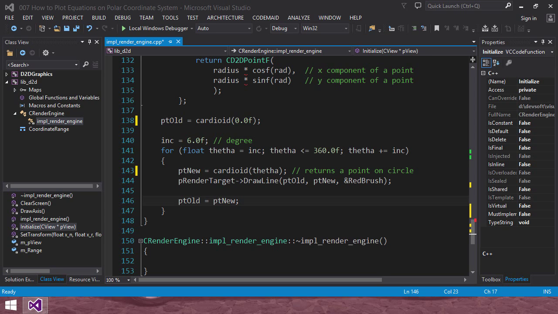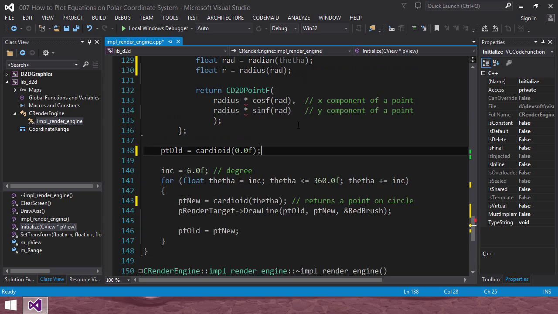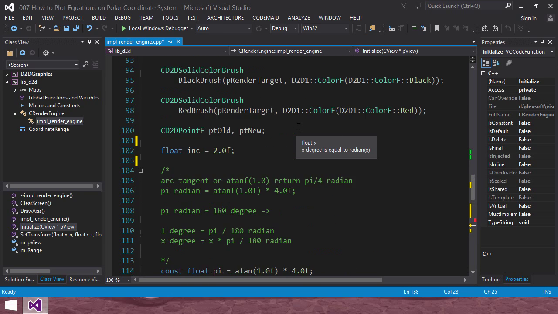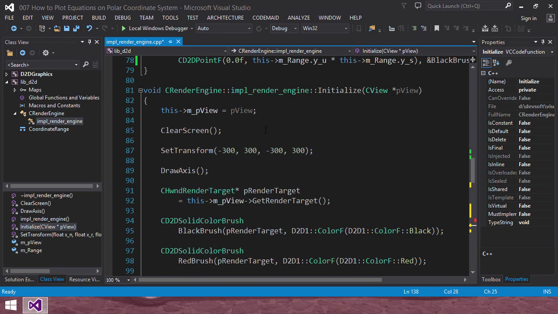And let's also adjust some here. I will change it to 307, and here 240. It is the coordinate boundary, Cartesian boundary.